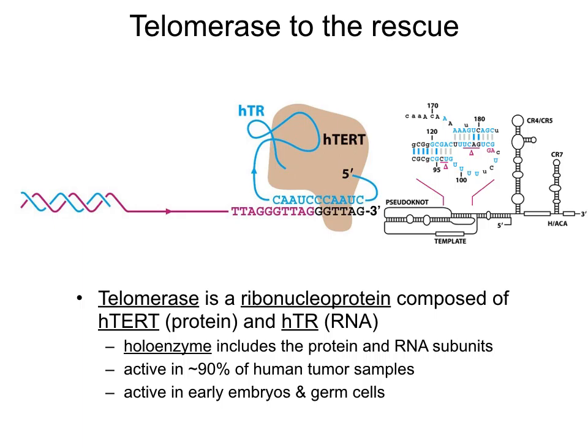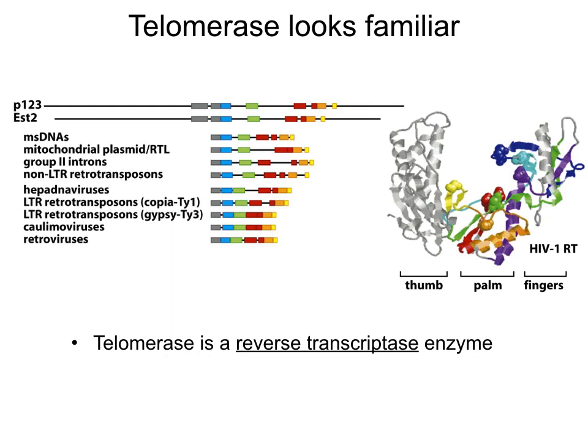So if we think about the fact that the TERT subunit uses the TR subunit as a template, that actually describes a particular kind of DNA polymerase called a reverse transcriptase. And we've talked about reverse transcriptases before. Classically, these had been known as enzymes used by retroviruses to convert an RNA retrovirus genome into a DNA provirus that is then inserted into the host genome.